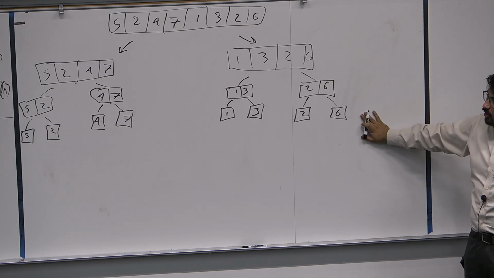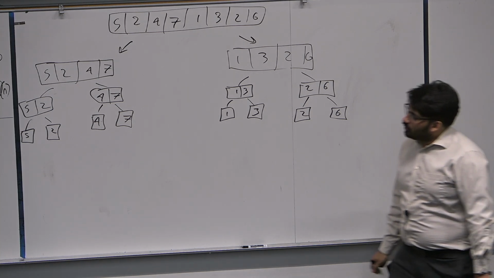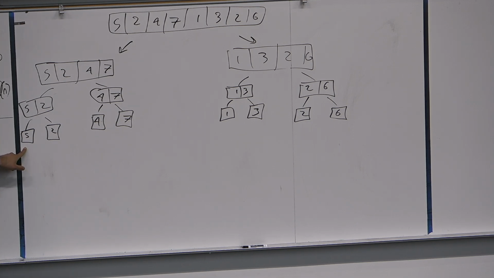These are what the recursive calls look like all in the division. So we've done the divide. Now we need to do the conquer. 5 is going to be a singleton, an array of size 1. It's going to hit the base case that says return A, and then it's going to be returned up. So will 2. So this recursive level is going to have 5 and 2 as L and R. But what happens when it merges them?